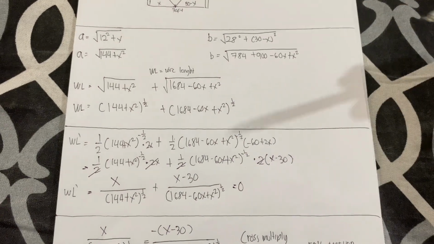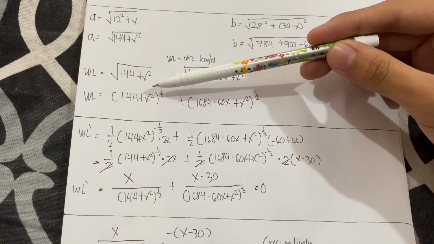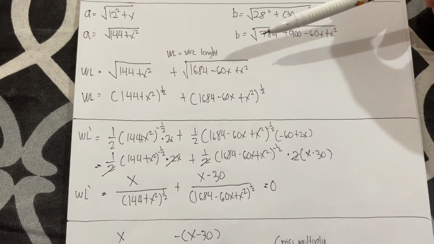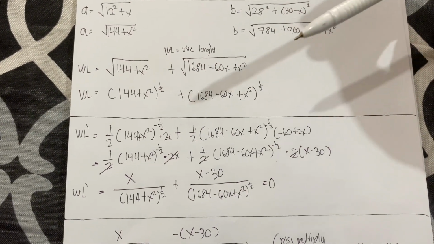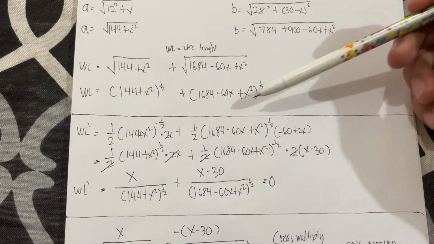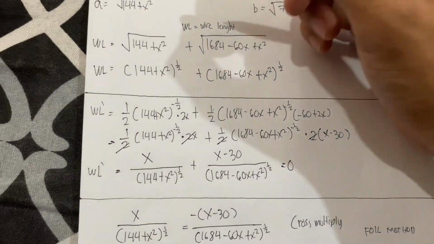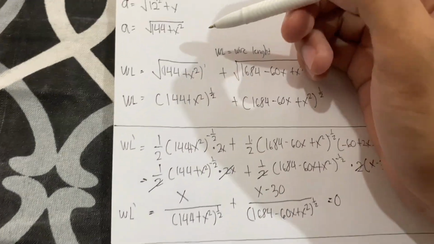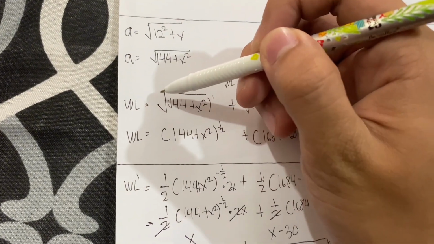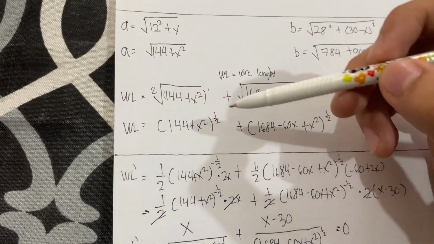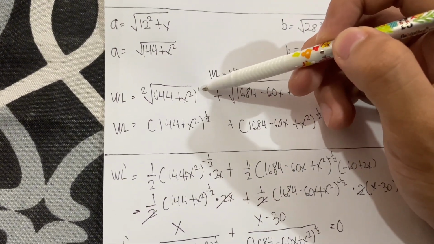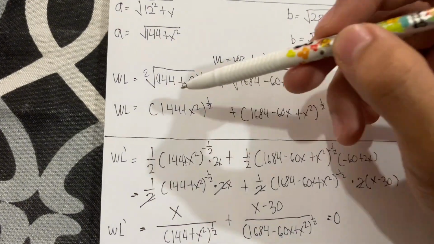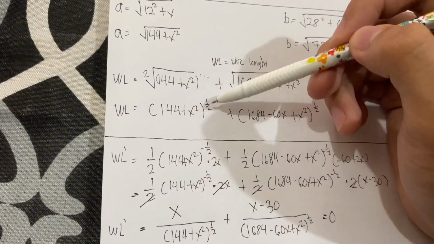Now, after getting our formula, which is the square root of 144 plus x squared plus the square root of 1684 minus 60x plus x squared, we convert it by raising it to 1/2. Since this expression is raised to 1, and since it is a square root, there is a 2, we can place 1 as our numerator and 2 as our denominator, so we get 144 plus x squared raised to 1/2.